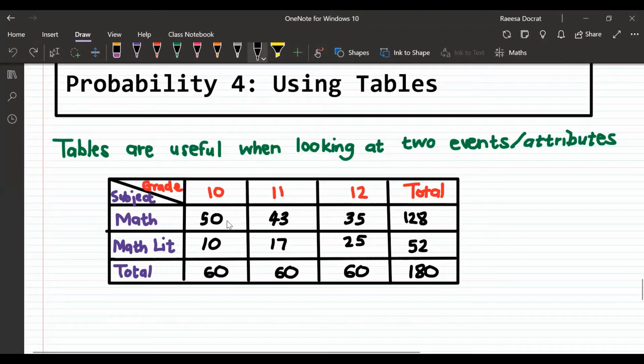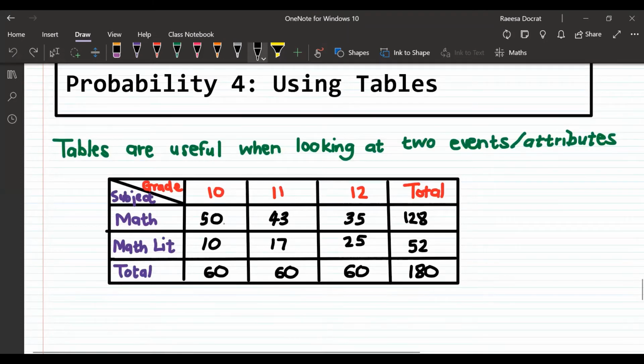If we read the columns now, the total number of students in grade 10 is 60, in grade 11 is 60, and the total number of grade 12 students is 60. Once again, if we add those up, we're going to get 180. So this 180 is the total number of students, so our total sample size.